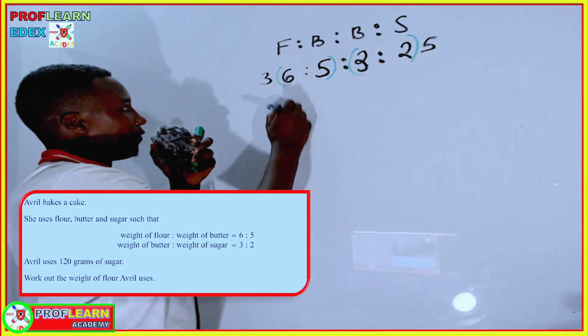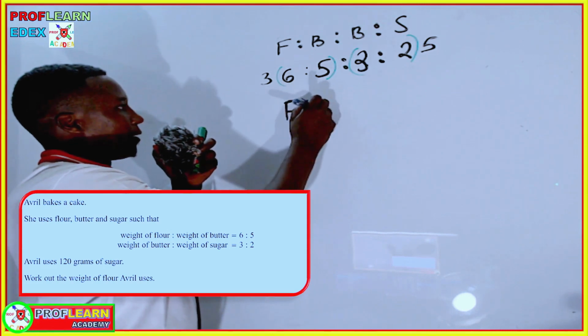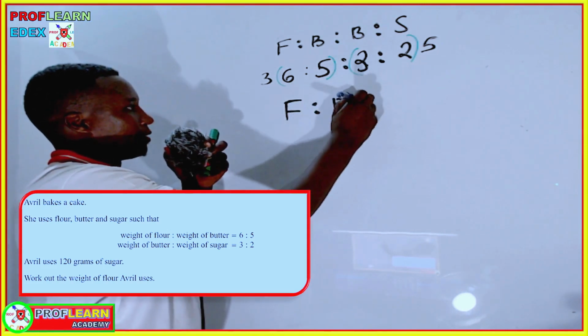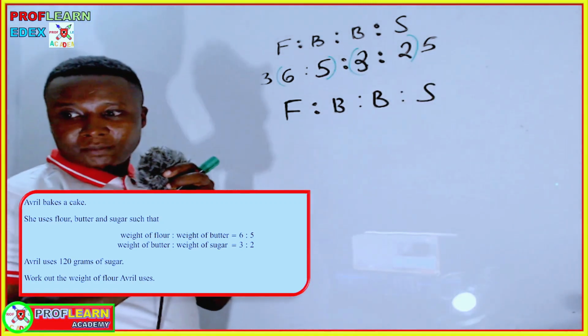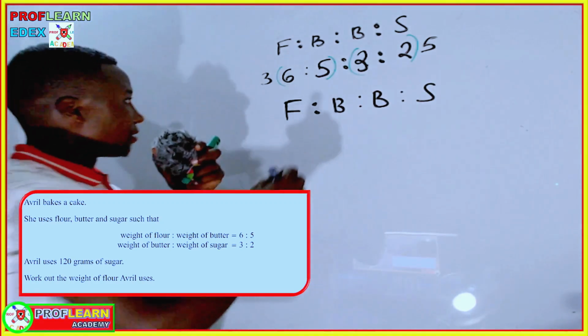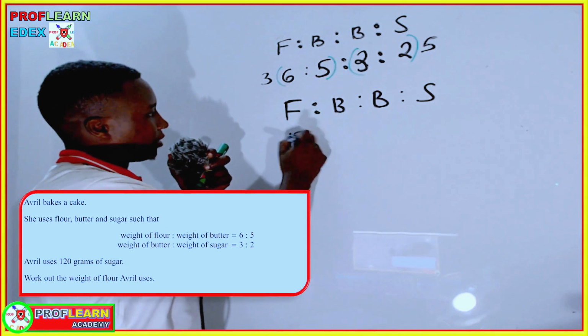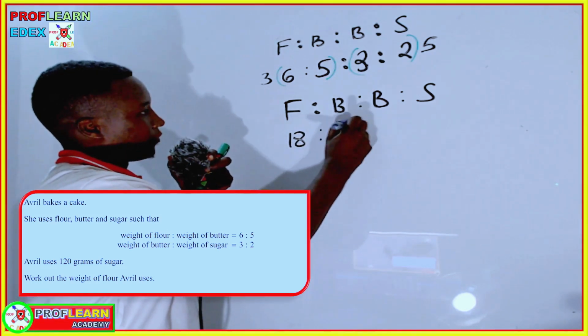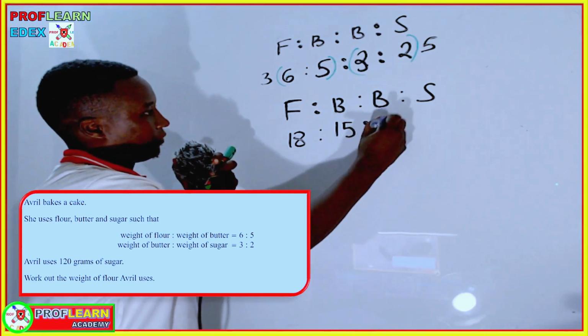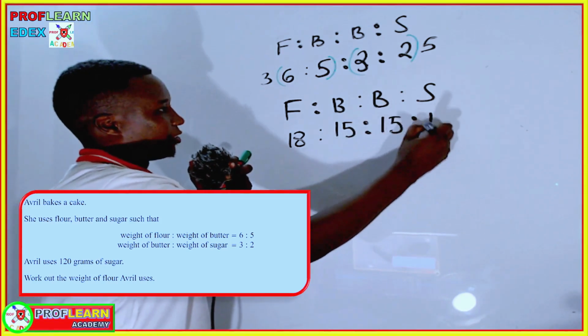So we're going to have flour to butter to butter to sugar. Which means this is going to become 18 : 15, 15 : 10.